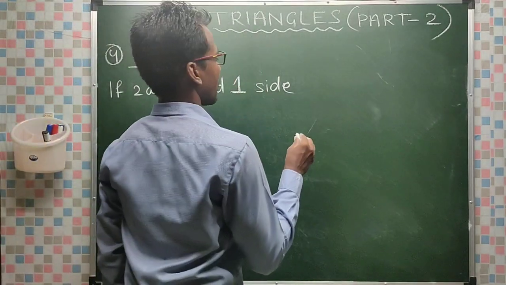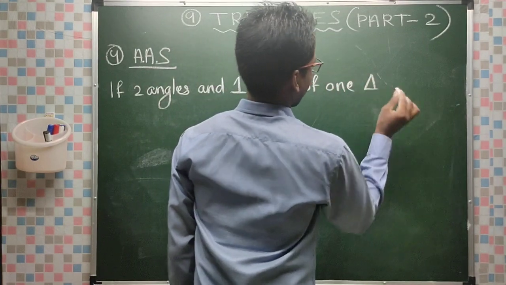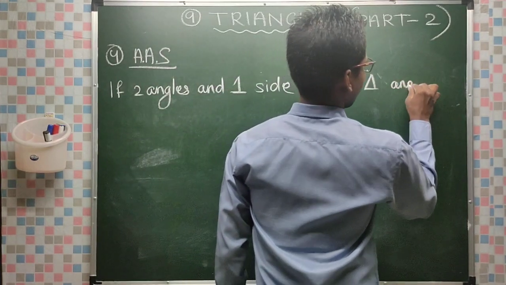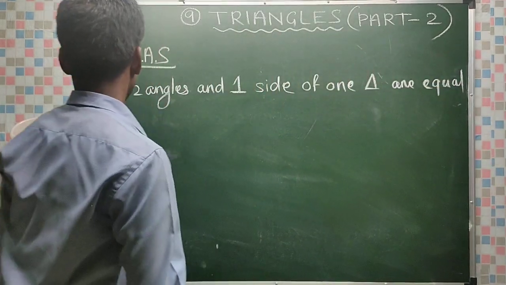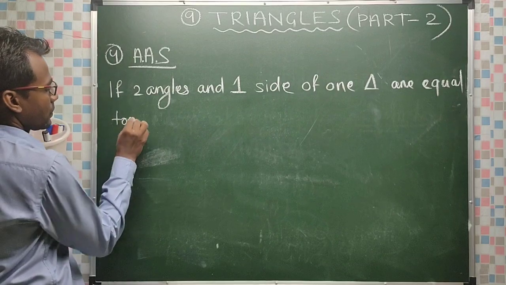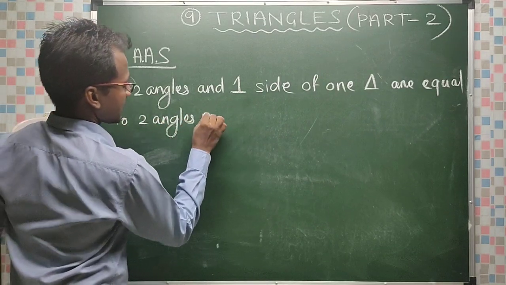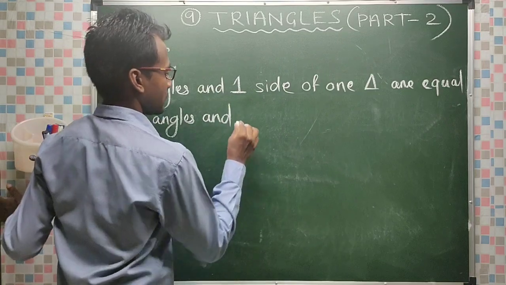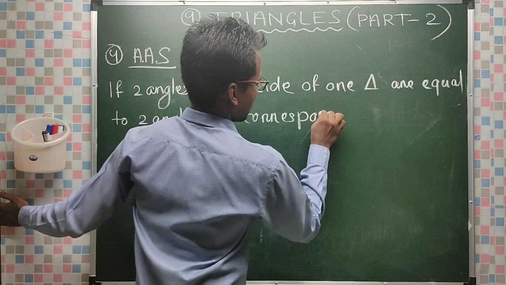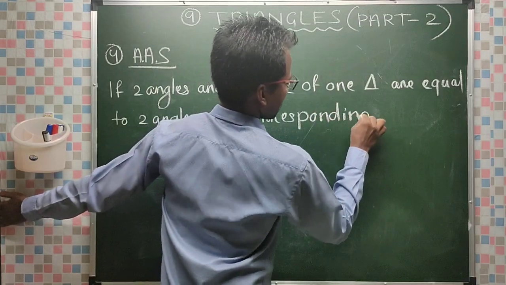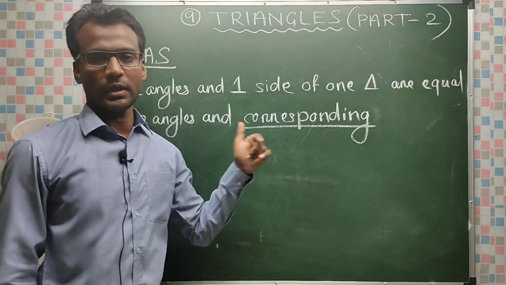So if two angles and one side of one triangle are equal to two angles and corresponding side, okay, here you cannot write one side.